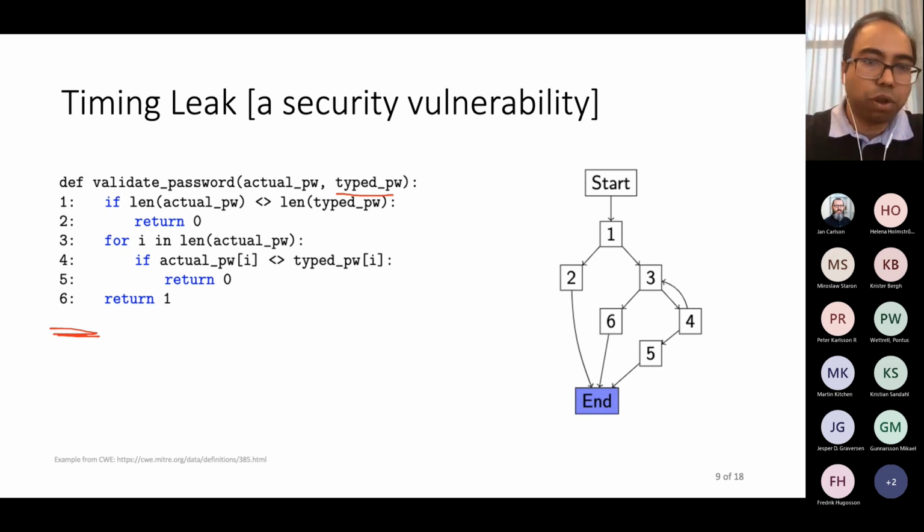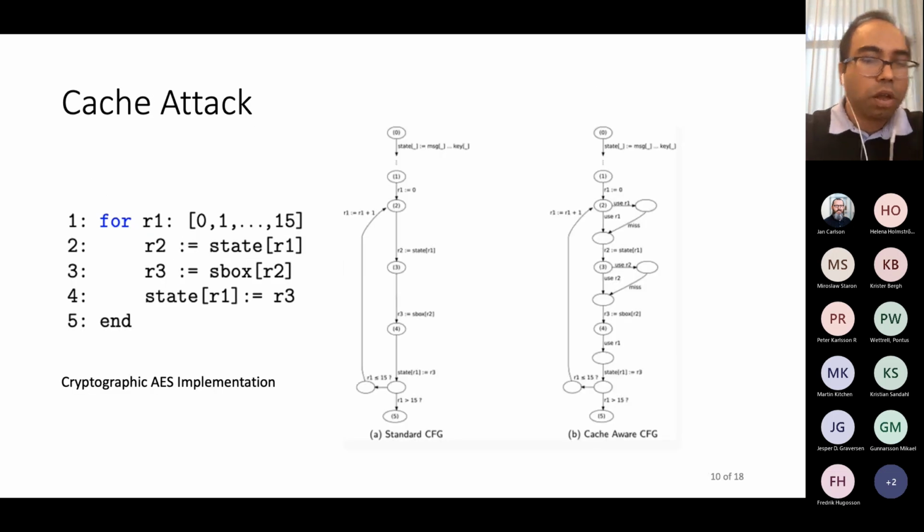To understand how the timing behavior of the code varies, we can look into the control flow graph representation of this code and see that nodes 1, 3, and 4 are the control nodes. If we assume that we have an attacker here, then the timing from 1 to end, or 3 to end, or 4 to end varies. Of course, we can capture this timing information by applying control dependency techniques.